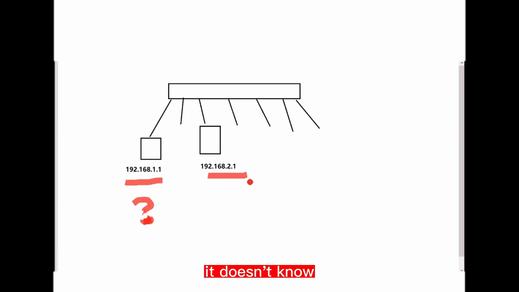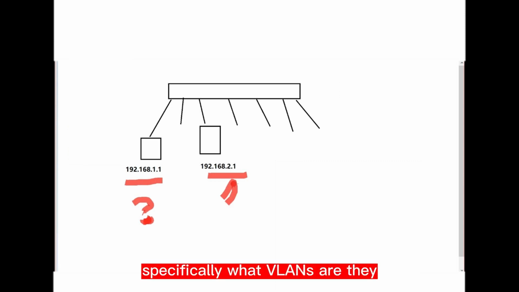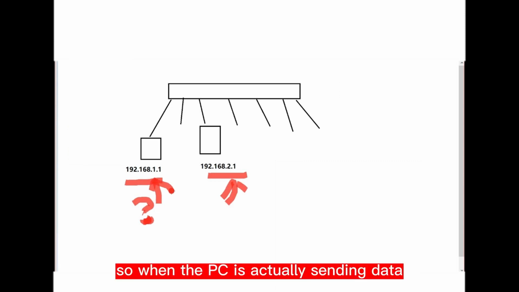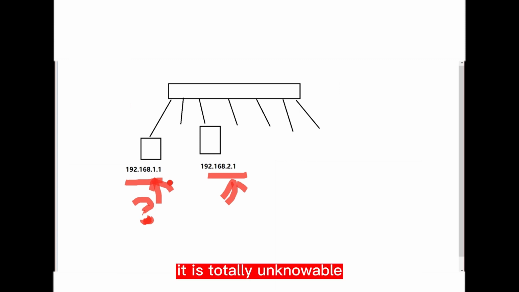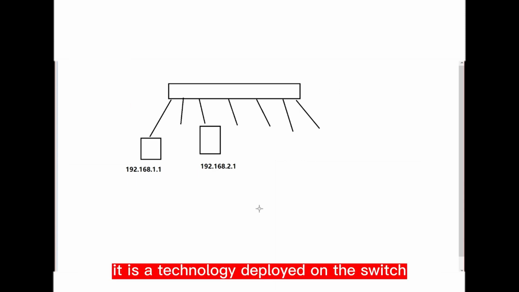It doesn't know. So for end users, we only guarantee the most basic data communication. Specifically what VLANs they are in, it doesn't care. So when the PC is actually sending data, it doesn't know which VLAN it is in. It is totally unknowable. The operation of VLAN is configured on the switch. It is a technology deployed on the switch.